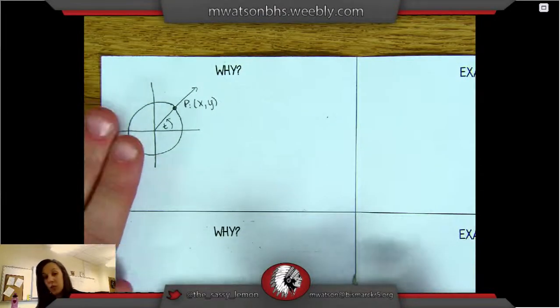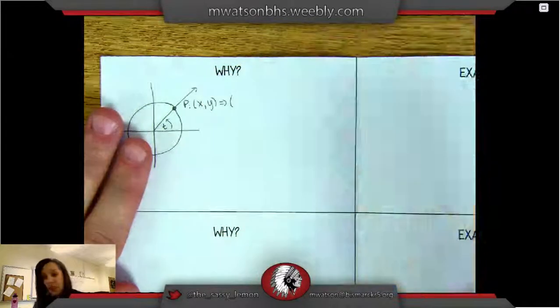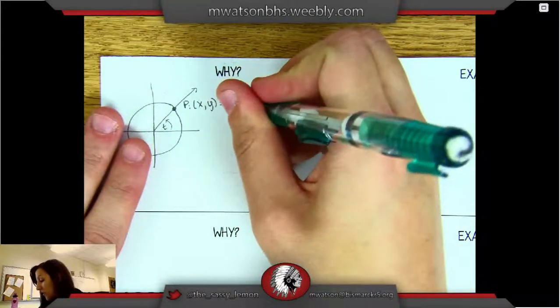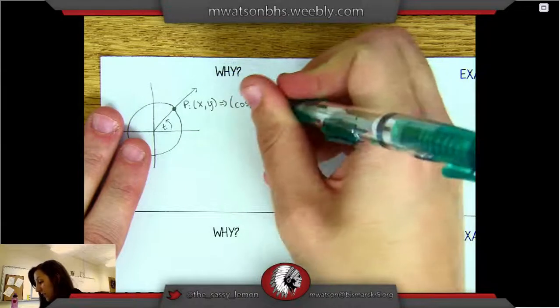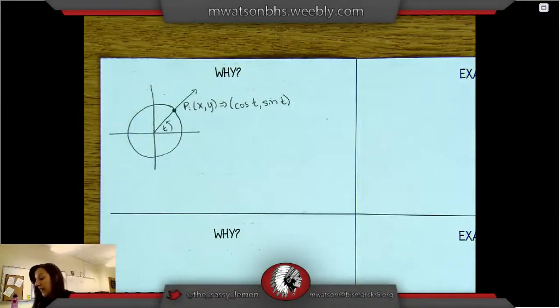But we just learned in the last lesson that we can also write those coordinates as cosine of t, comma, sine of t, because in the unit circle, x and cosine of t are equal, and in the unit circle, y and sine of t are equal. All right, so that's our starting point.